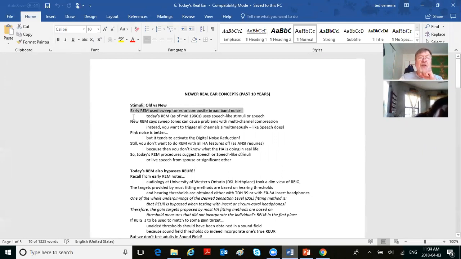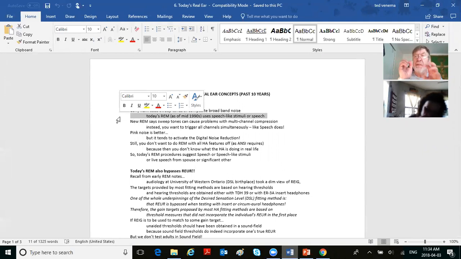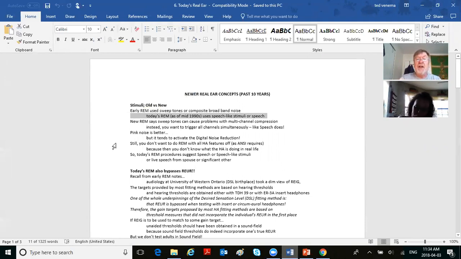Then they started using a really weird stimulus that stopped and started. Kind of went beep, beep, beep, beep, and that was meant to imitate the stops and starts of speech. So today, most real ear uses speech or speech-like stimuli.